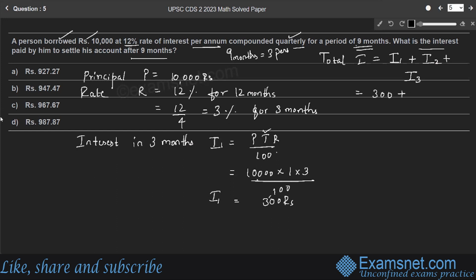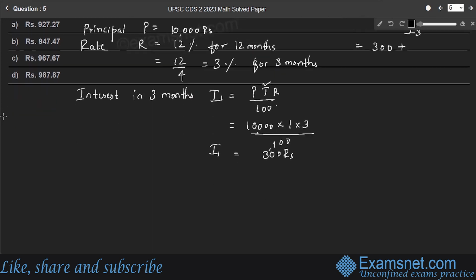Plus, we'll take I2, and the formula says PTR by 100. To calculate I2, the principal is the original principal plus the interest paid in the first quarter.